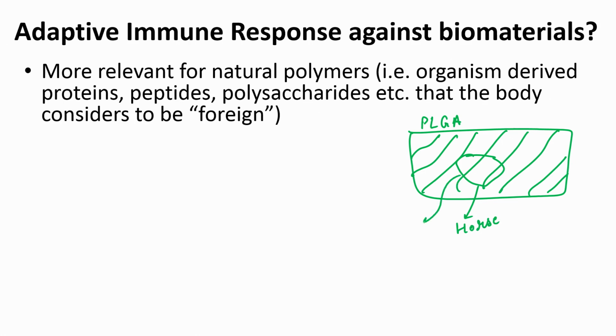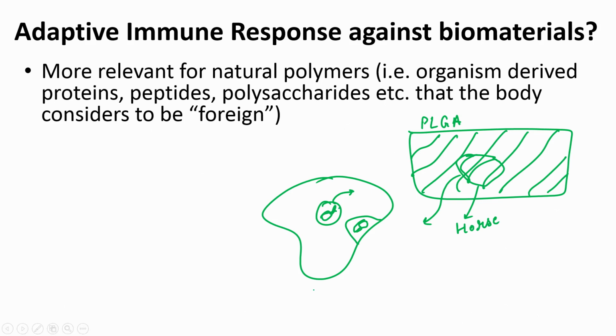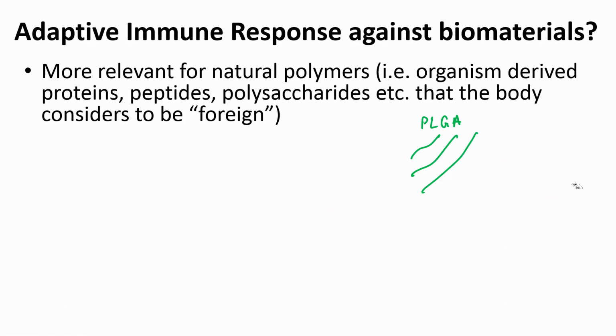So when this protein gets released out, the dendritic cell will take up this protein and then it goes to the same pathway as I was saying. So this is going to get presented through a class 2 antigen loading, and then because this protein has a high concentration in the vicinity of this implant, lots and lots of leukocytes are going to come in, there will be lots of cytokines, and that is not going to let this implant function in a way that it was supposed to. So that is one way.